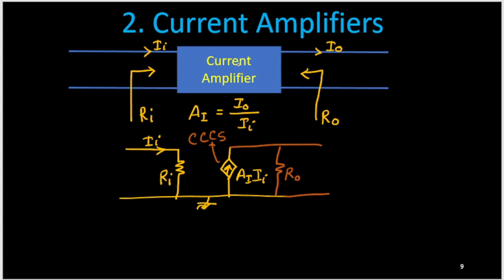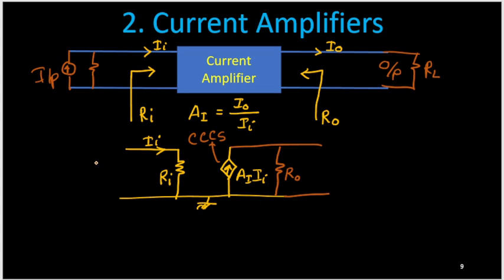Now we will consider the input. This is the input side and this is the output side, and the output side should be connected to a load. This is your RL. The input side should be a source, a practical current source. One current source may have a source resistance Rs.